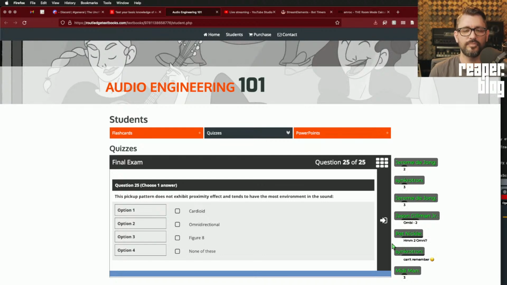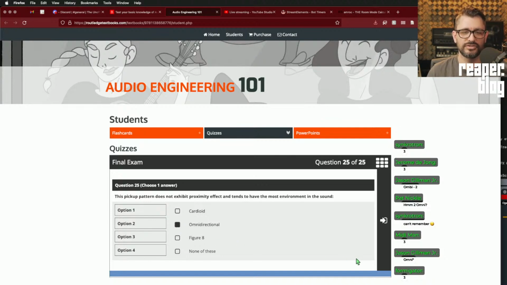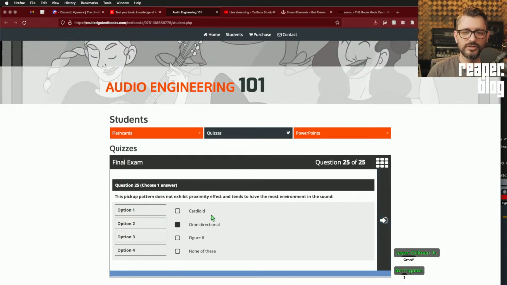Proximity effect only happens with directional pickup patterns. The correct answer is omnidirectional. Figure 8 actually has almost double proximity effect compared to the other polar pattern types. Omni is the only one without proximity effect, where you would normally get a bass boost with a cardioid mic.